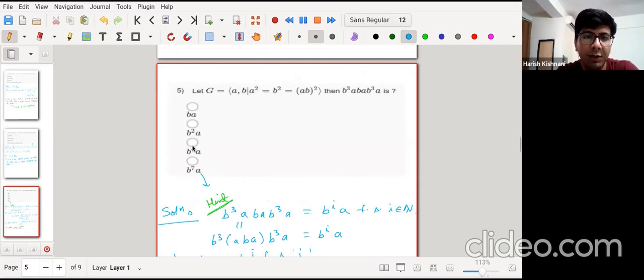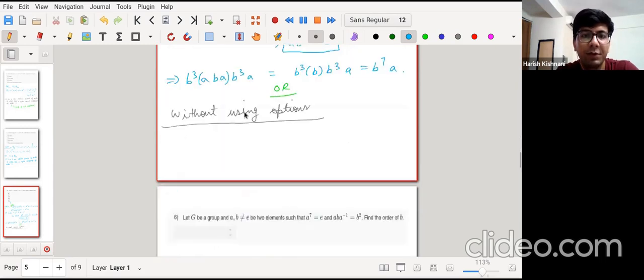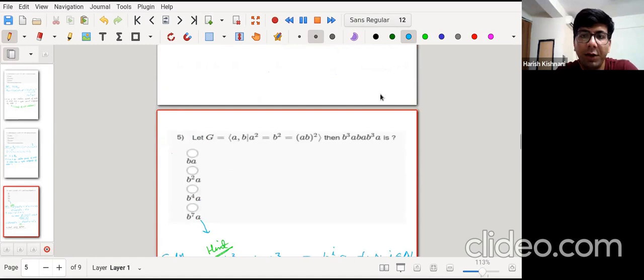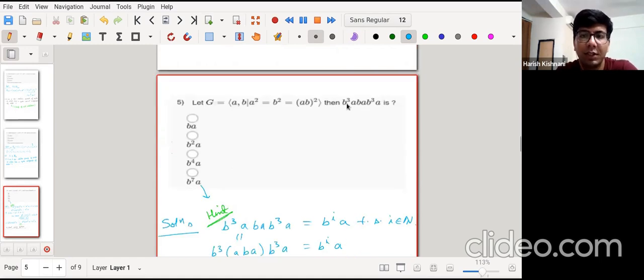But here all four options are very nice, of the form b raised to i times a. Otherwise the question doesn't make sense: if they just write G is this, then what is b cube ab cube a, it's already an element, and to which element are you going to compare?